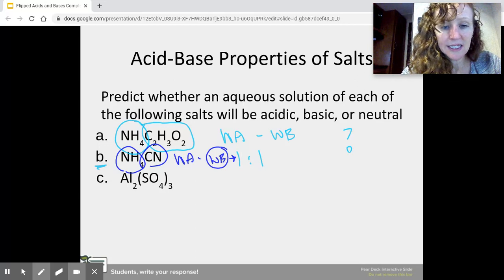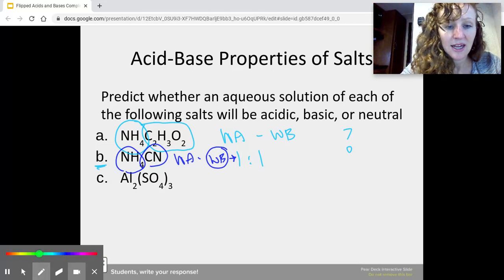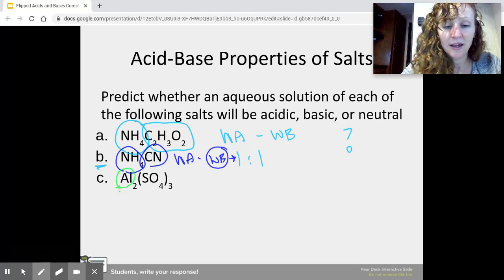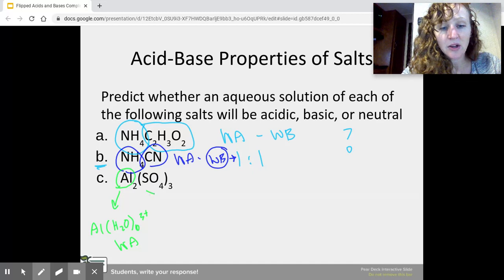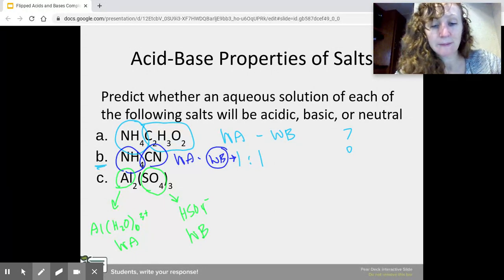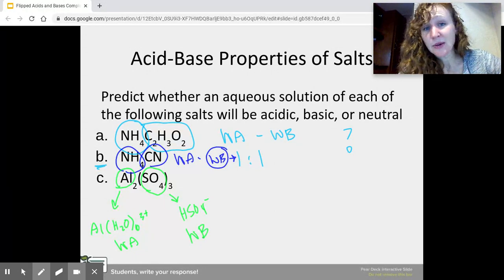Okay, C, we have the aluminum ion, which is going to turn into that complex we saw on the last page, and we know that's a weak acid. SO4 2 minus, that is the conjugate of HSO4 minus. So this is going to be a weak base. Again, comes down to strength.